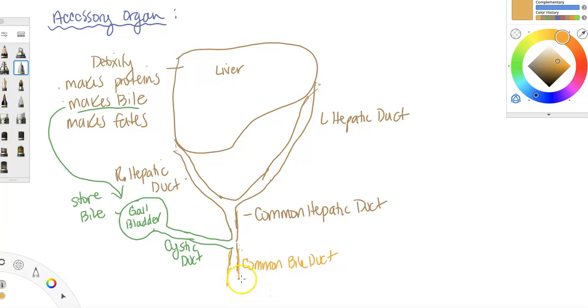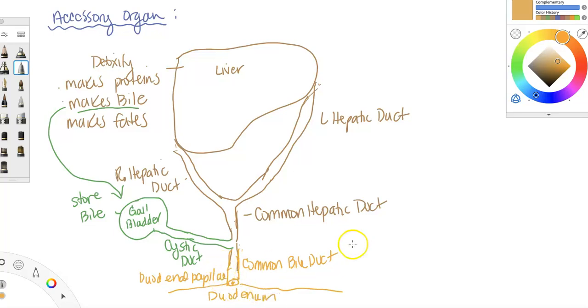So at the bottom of this, there's a little area that it's going to enter. This is called the duodenal papilla, or papillae, that's here. And that is going to dump into the duodenum.